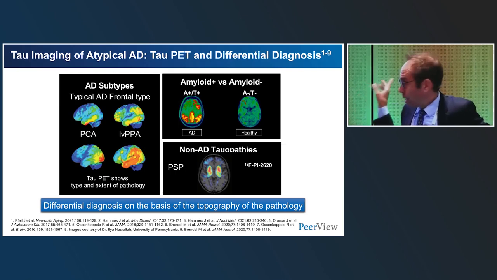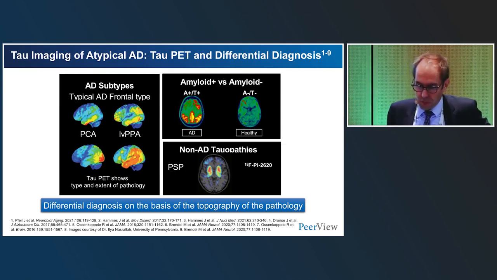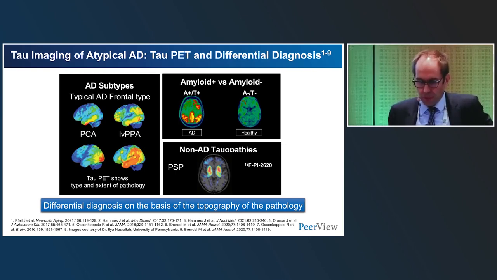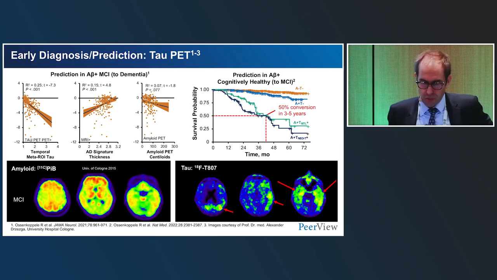And on the right lower area of that slide, we can see that next generation tau tracers have been evaluated and are currently also still evaluated with regard to non-Alzheimer's disease tauopathies, such as the 4-repeat tauopathy found in the basal ganglia here in an example of progressive supranuclear palsy. So very importantly, it shows what type of pathology and also where in the brain. It will be difficult to do this with a fluid biomarker for differential diagnosis.